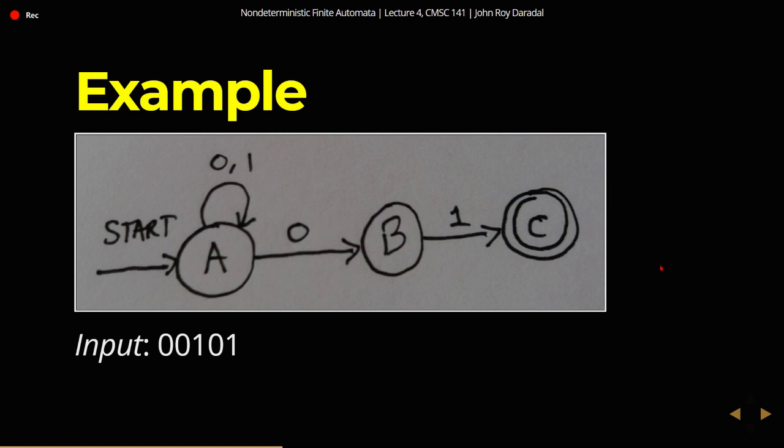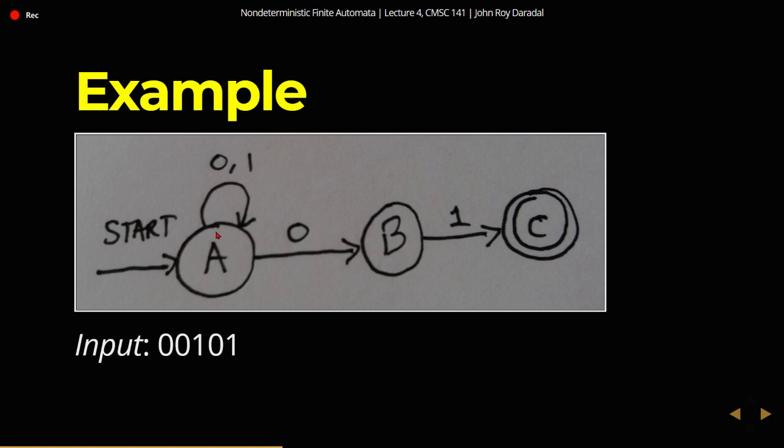Let's say, given this NFA, can we accept the input 00101? So we could do it like this: 0, 0, 1, 0, 1. So that is accepted. But if we did it the wrong way, for example, 0, 0, 1, 0, 1, it only stays in A, right?